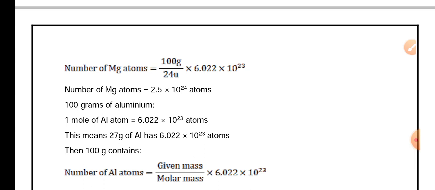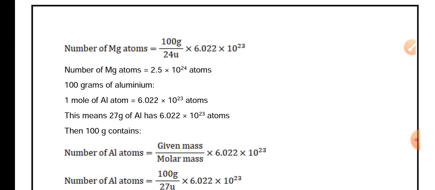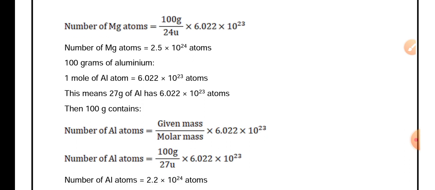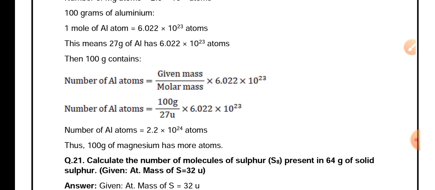Then 100 grams contains a number of aluminium atoms equal to given mass divided by molar mass into 6.022 into 10 to the power of 23, which is 100 grams divided by 27 u into 6.022 into 10 to the power of 23. The number of aluminium atoms is 2.2 into 10 to the power of 24 atoms. Here, 100 grams of magnesium has more atoms.